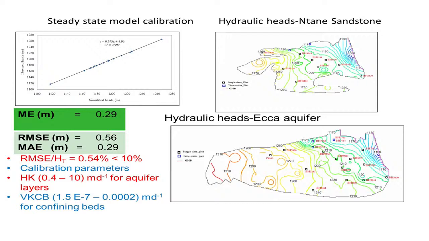Below is the Eka, which was also one of the main aquifers. We calibrated our model and came up with a root mean square error of 0.56, and our calibration parameters were the horizontal and vertical hydraulic conductivity. Also, because we had 2 aquitards, which were confining layers, the mudstone and the Stormberg basalt, we included them in the model. Next, please.